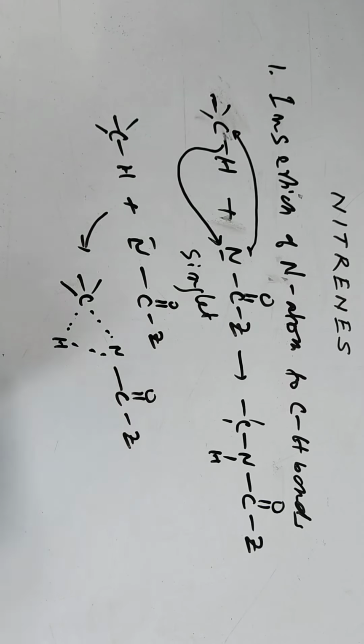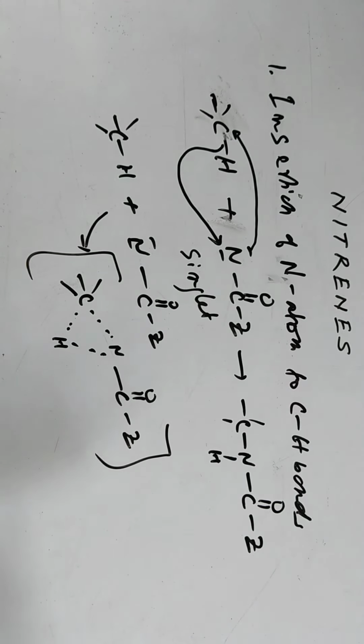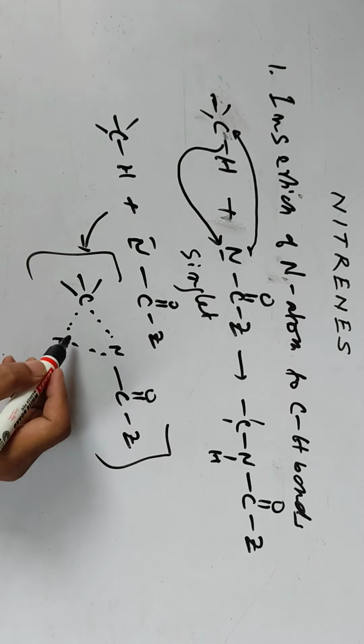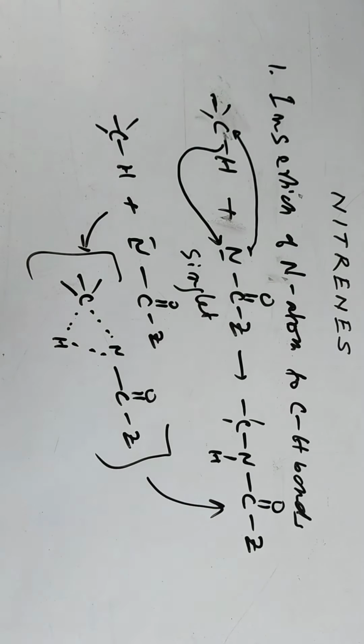Okay, so these are the intermediate forms. Then finally there is loss of this bond, and then you can have this compound. So there are two types of reaction that can take place, and through the intermediate the reaction can also take place.